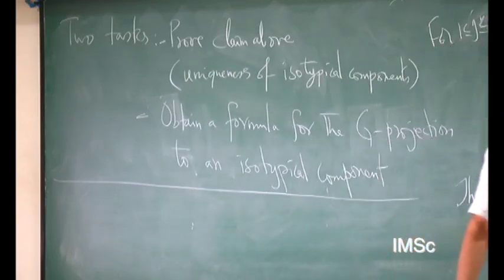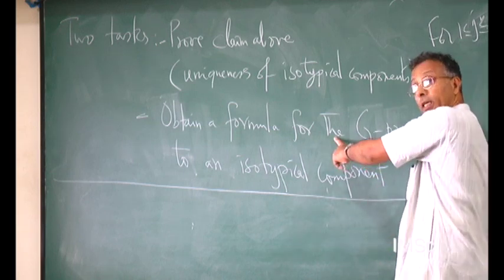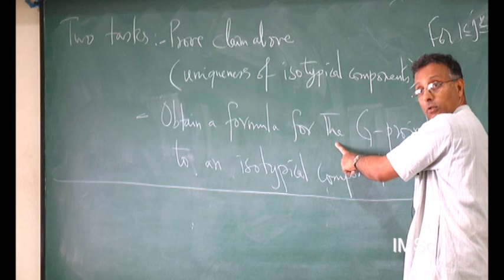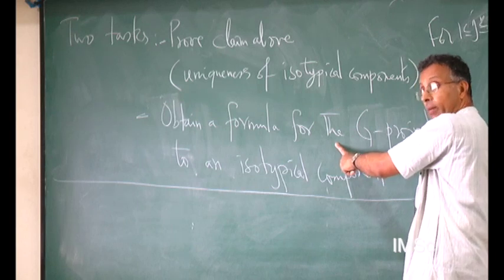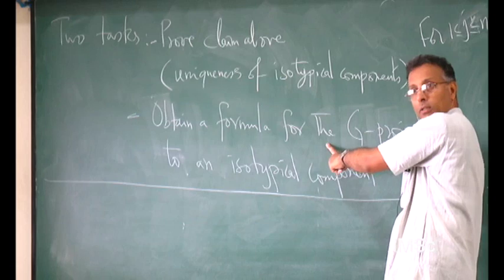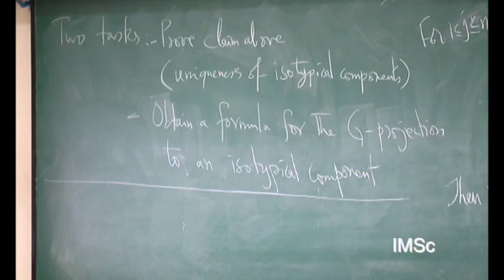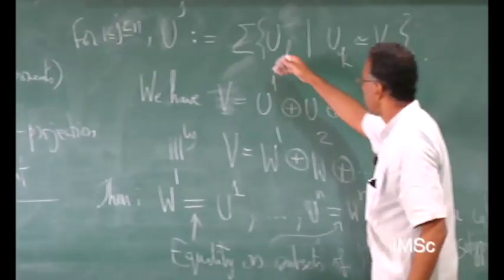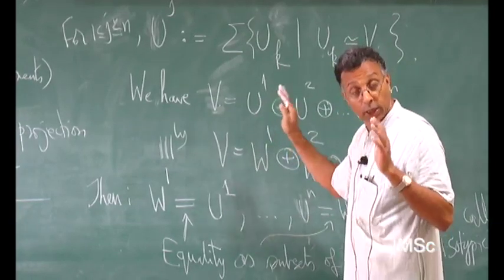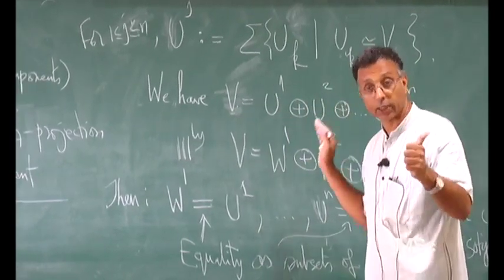Is this clear? Okay. Now notice the words that I've used. I've said the G projection. Notice the "the" here. It is not a projection, it is the G projection. So I'm claiming, if I have a map from V to U1, first, it's a projection.